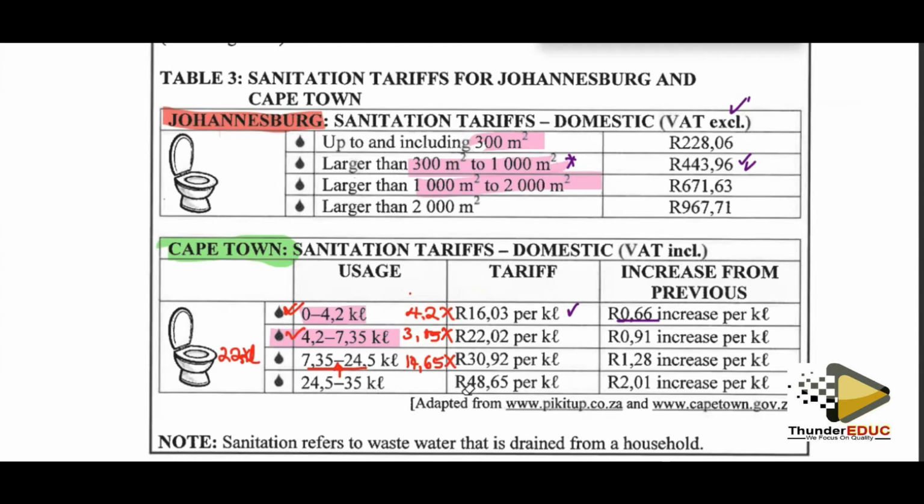So 4.2 times 16, you will get 67.33 rands. Then 3.15 times 22.02, you get a 69.